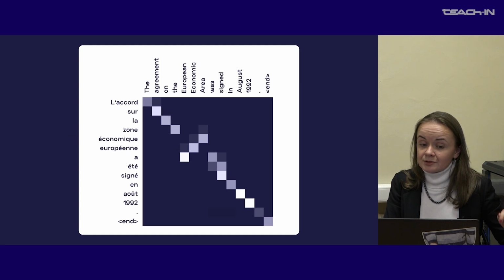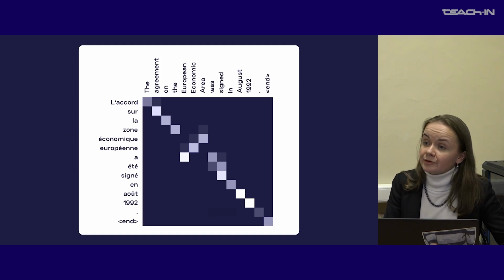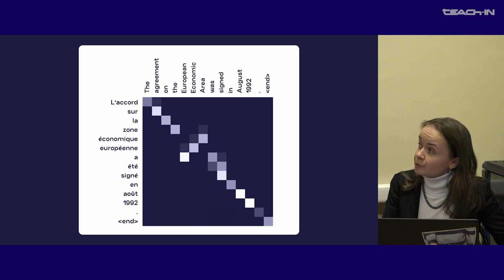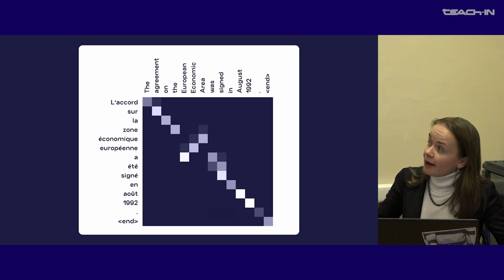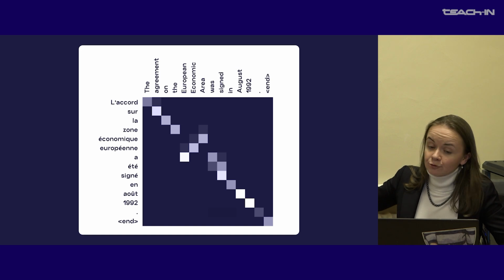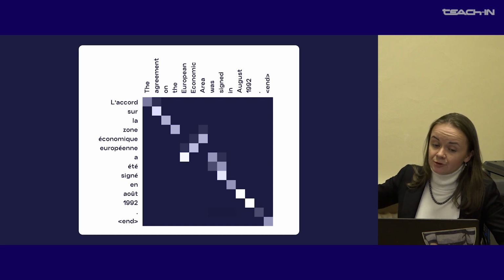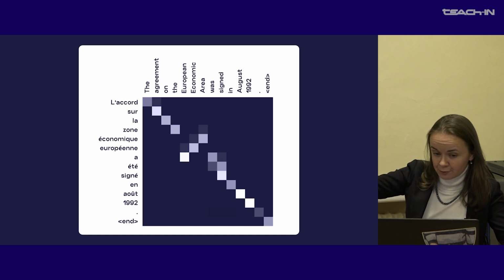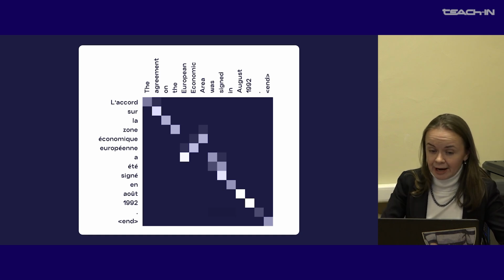However, then comes the attention mechanism with transformers, which is even more proficient in figuring out the important things in the input. So here we have the input in the vertical line, in French.